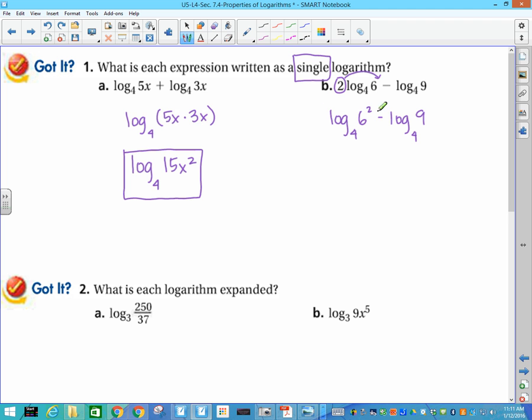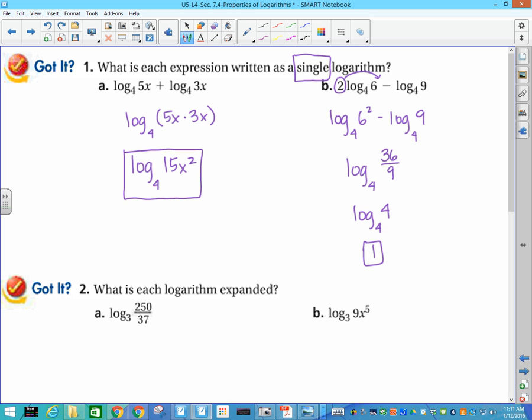So now I just have a log and a log, and I can bring those together with division. The 9 goes on the bottom, 6 squared is 36. So I'm going to keep going, because that's log base 4 of 36 divided by 9, which is 4. And you see log base 4 of 4, you need to be thinking that's 1. Those two numbers are the same, that exponent is a 1. Your answer is a 1.